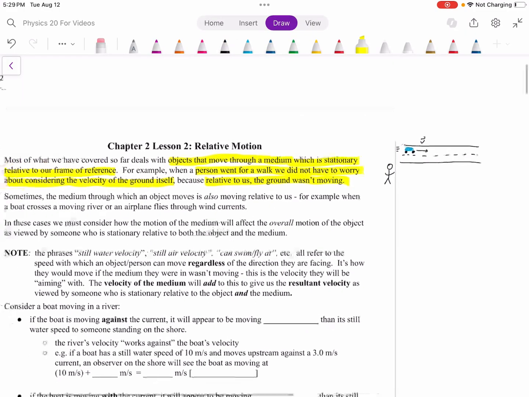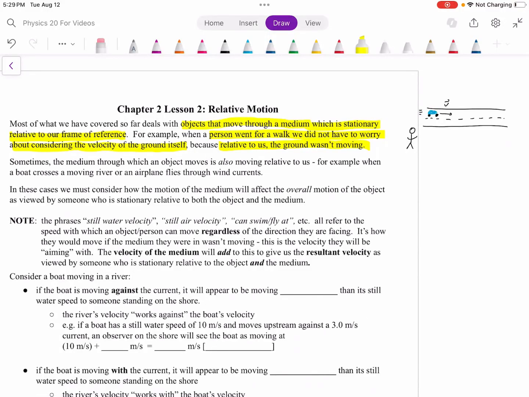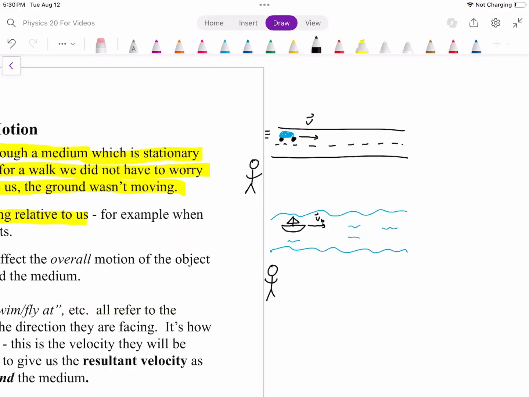You can probably guess based on that setup that today we're going to look at situations where sometimes the medium through which the object moves is also moving relative to us. That could be a situation like this, for example. Now we have a river that is already moving relative to us as we stand outside the river, but within that moving river, there's a boat that's moving at its own velocity.